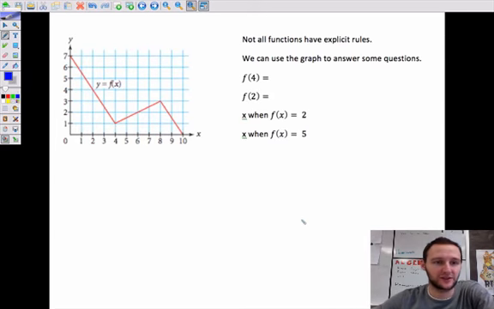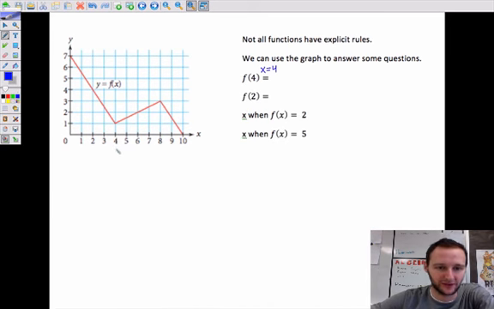You can also do this from a graph, and a lot of people think this is even easier. If you understand what this notation is asking you to do, it is very easy. For f of 4, our hint is that this is basically where x equals 4. We've replaced x with 4.